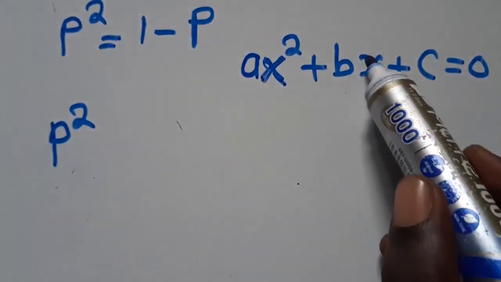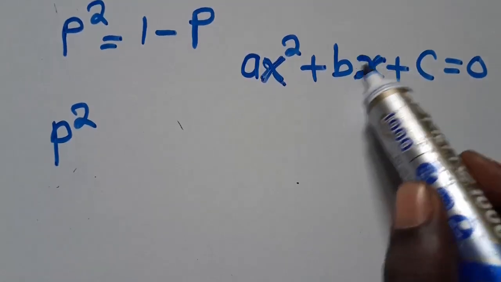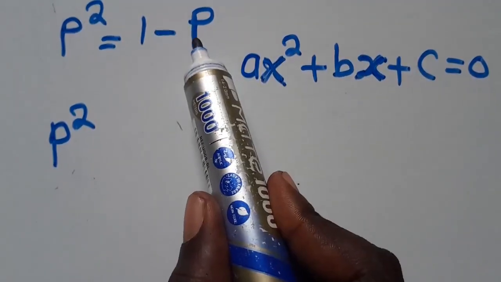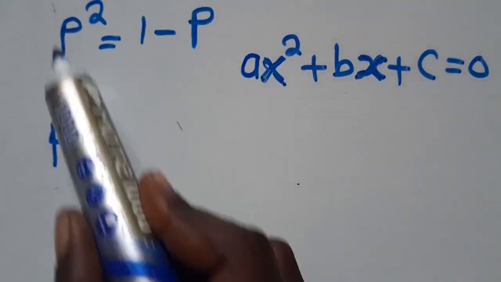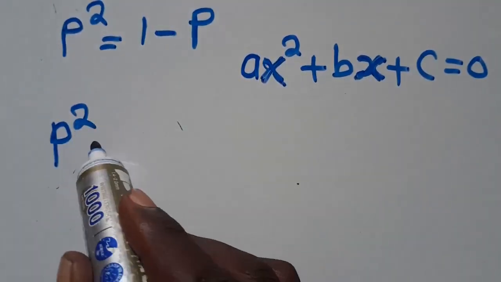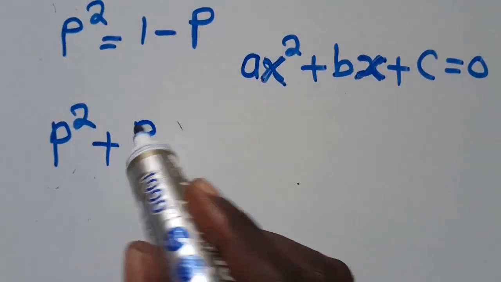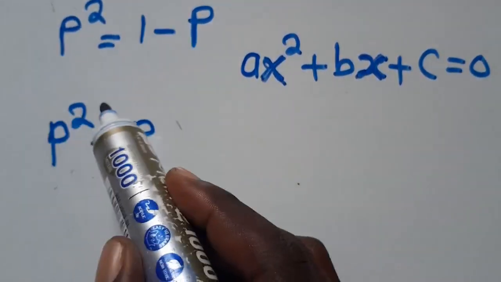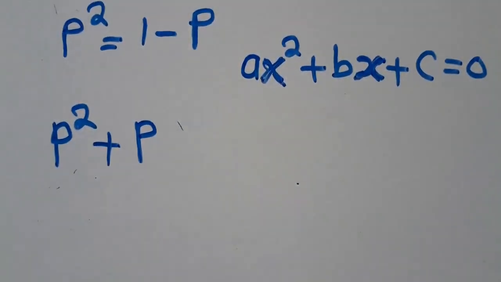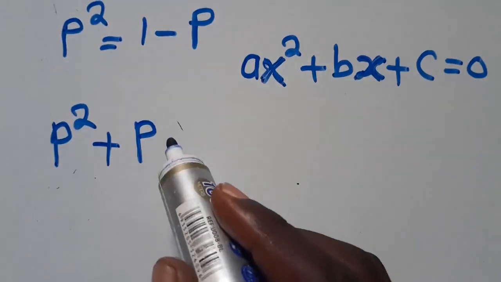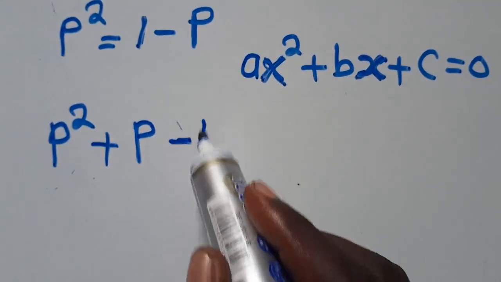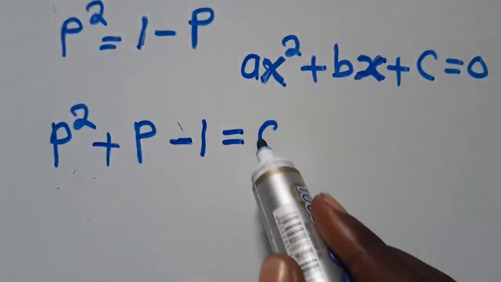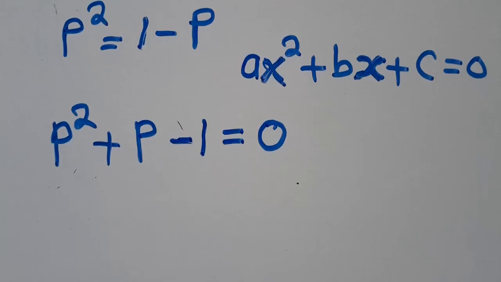Then followed by something that is not having a square, which is P. Now P is on the other side of the equation, so it goes to this side, and when it crosses the equal sign, it becomes positive P. Then this is 1. When it goes this side, it becomes negative 1, which is equal to 0. So we've written it in that way.